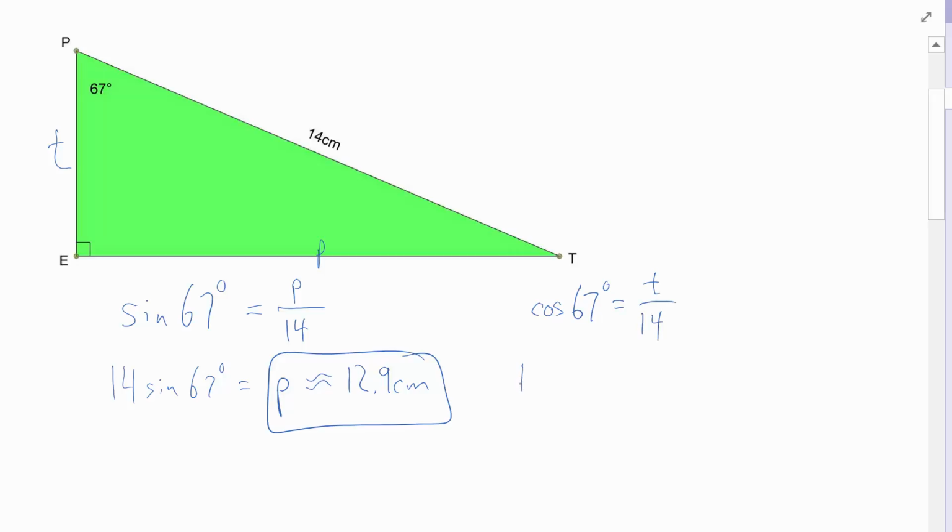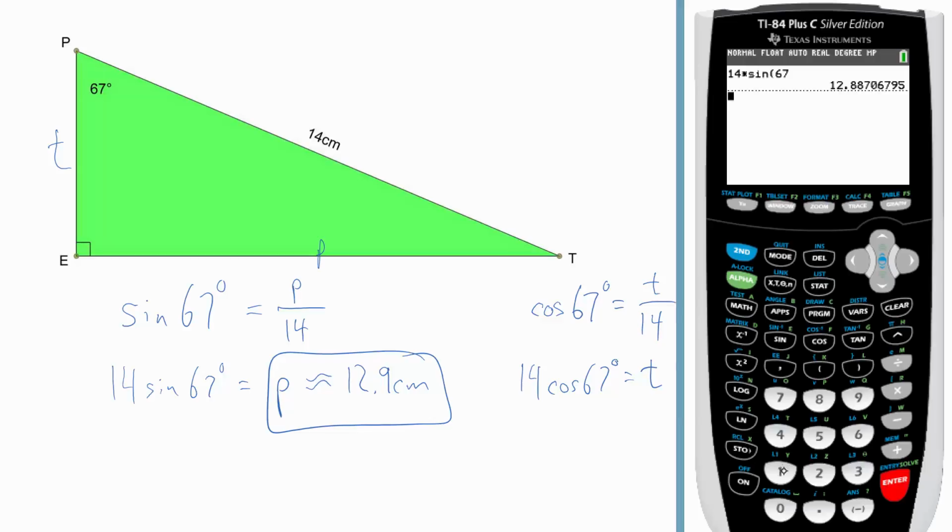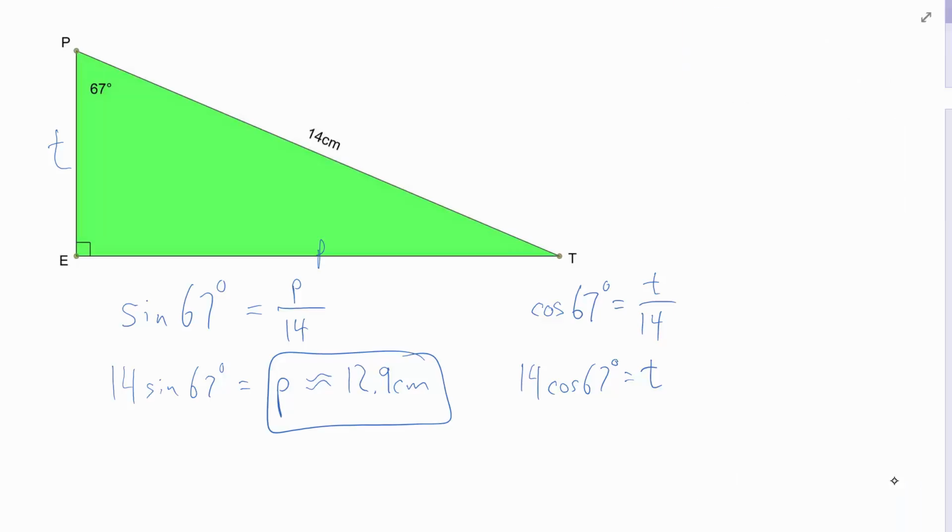Multiply both sides by 14 to isolate the t. That is 14 cos 67 degrees equals t. Again, grabbing the calculator and saying 14 cos 67. You don't need to put the times in like I did the first time. And we get little t is approximately 5.5 centimeters.